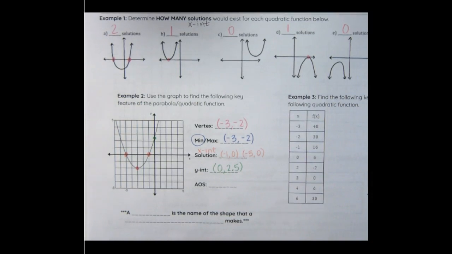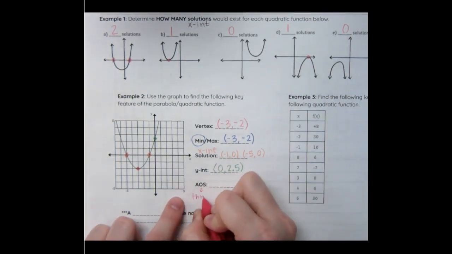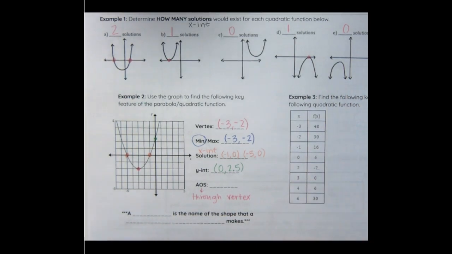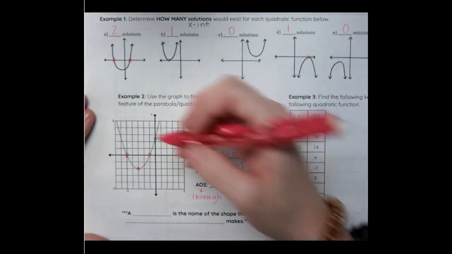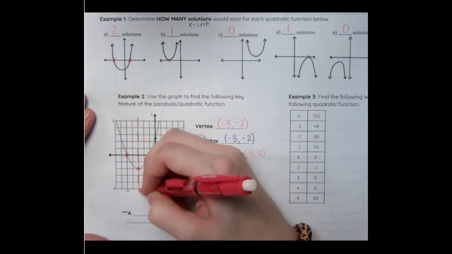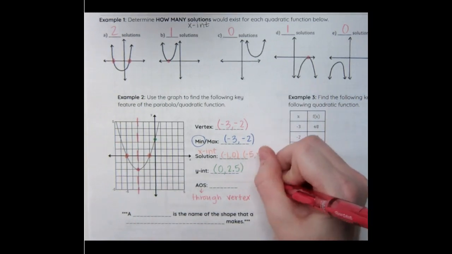Okay, and then our axis of symmetry, remember that goes through the vertex. I'm going to draw it with a dashed line, because it's not really a line, we're just pretending that's where if we could fold it, it would be symmetrical. The axis of symmetry is a vertical line.